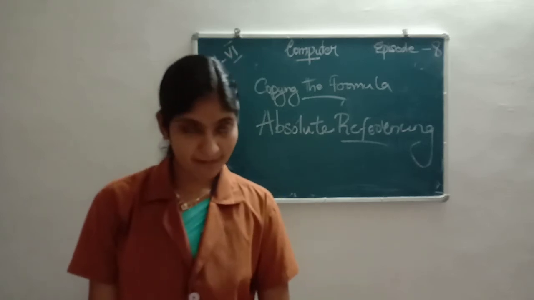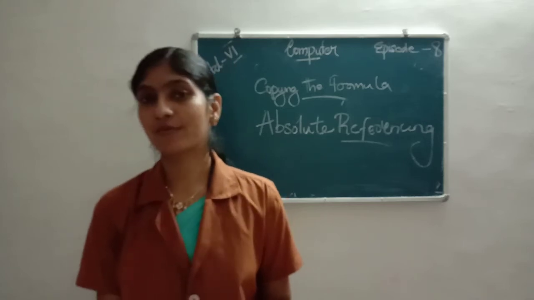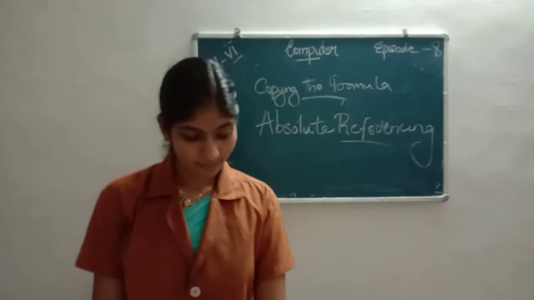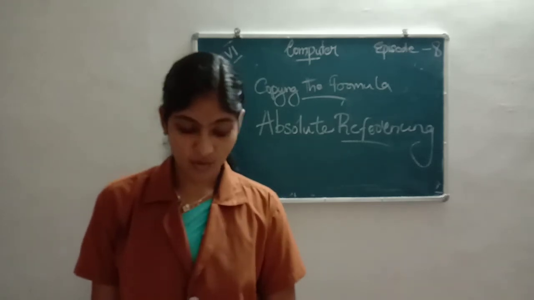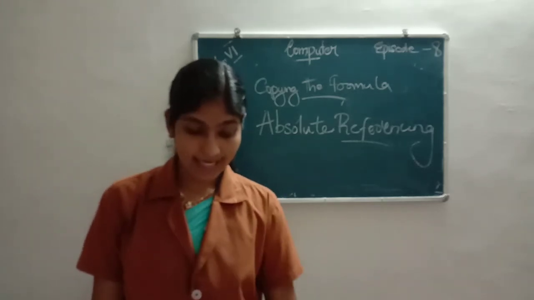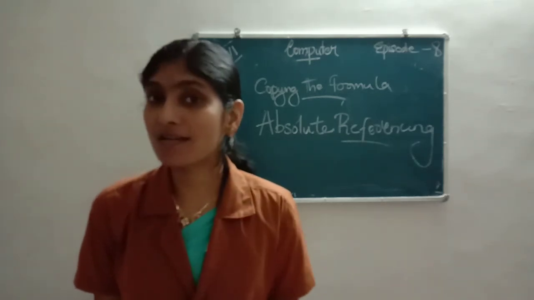That is a dollar symbol we have to enter before the row and before the column. For example, in absolute referencing, when you copy a formula to different cells, the cell address in the formula remains the same. It will not change.